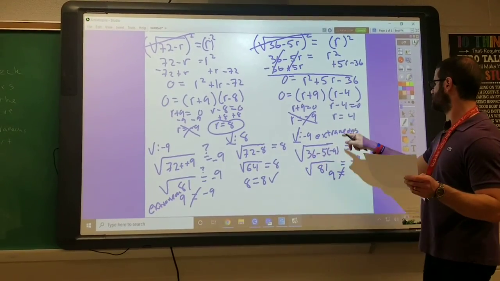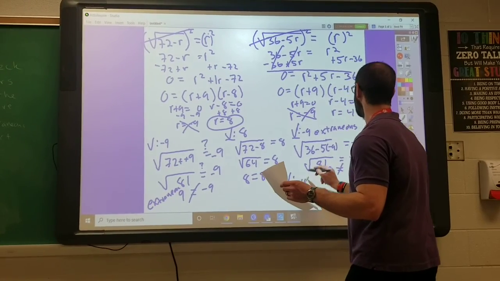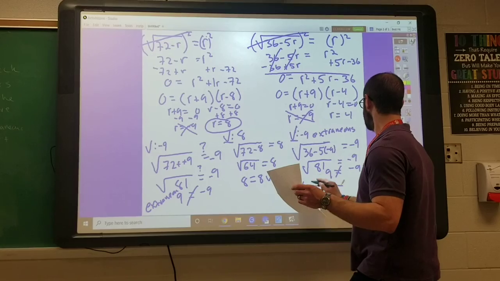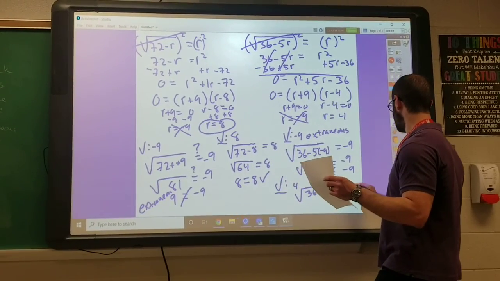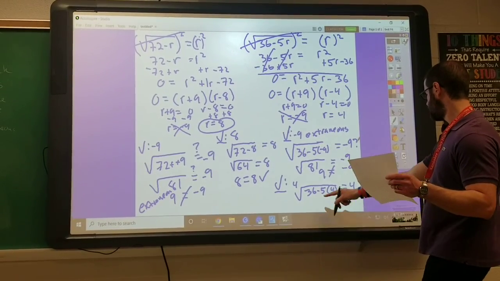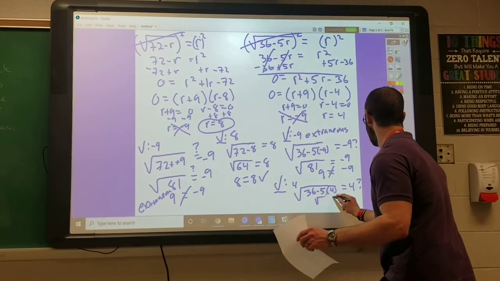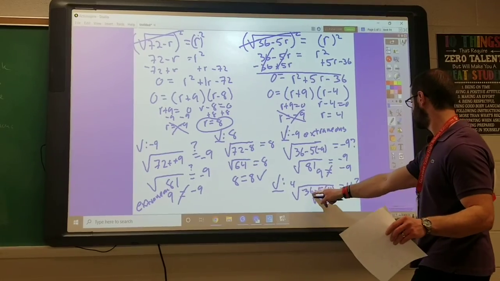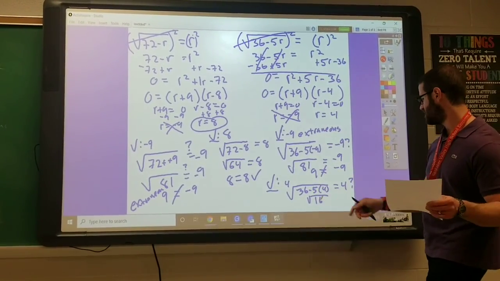And let's check 4. To check 4, again, I'm plugging in. So we're saying, is the square root of 36 minus 5 times 4 equal to 4? So is that the case? 36 minus 5 times 4 would be 36 minus 20, which would be 16.